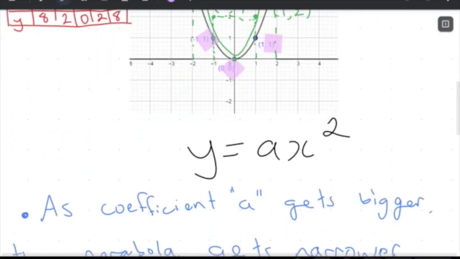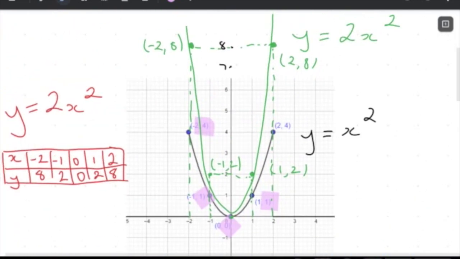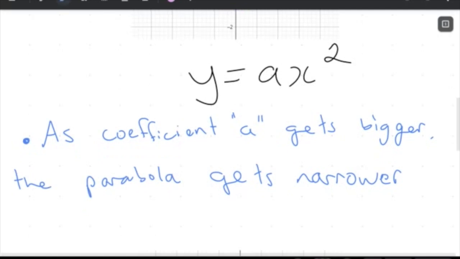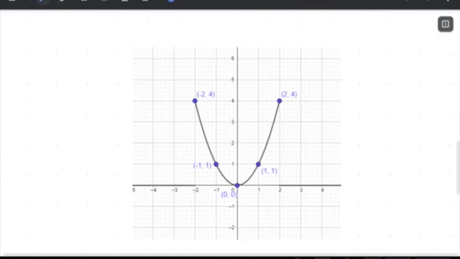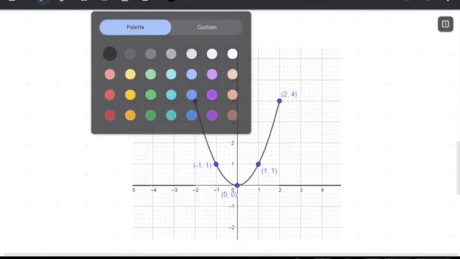Now, we started at 1, and we always start with a coefficient of 1 for our simplest form of parabola, y equals x squared. Now we've looked at a number greater than 1, say 2. Let's see what happens for a number that is smaller than 1. So maybe a fractional coefficient this time.